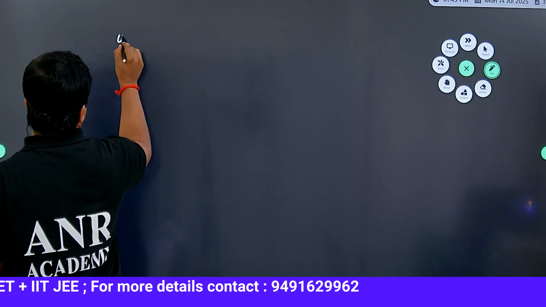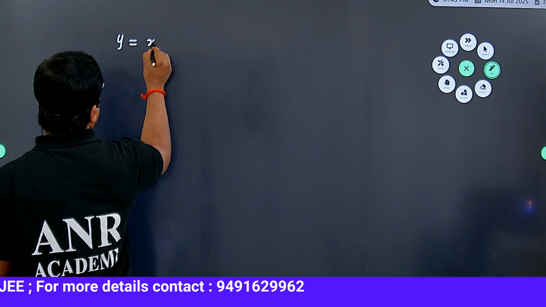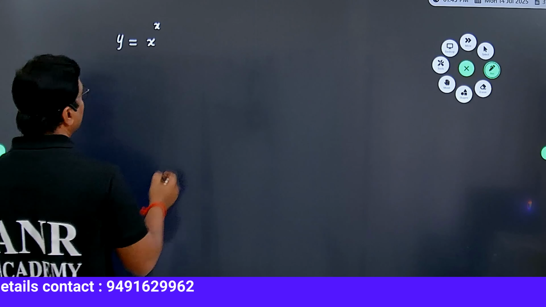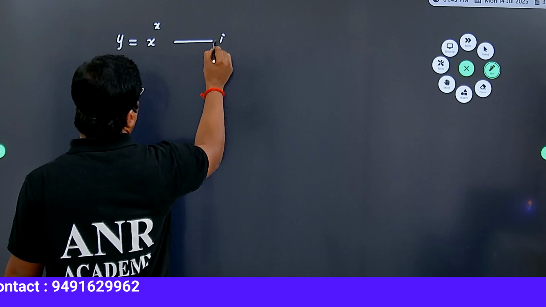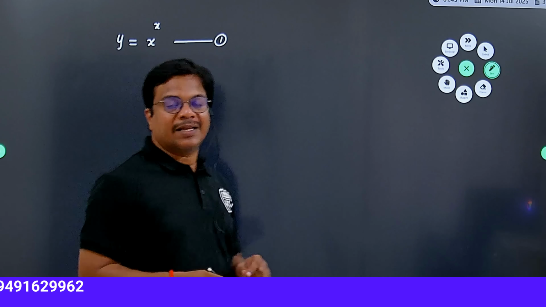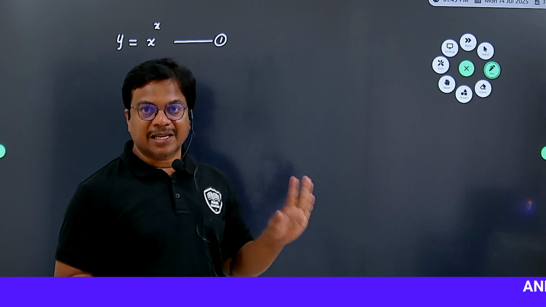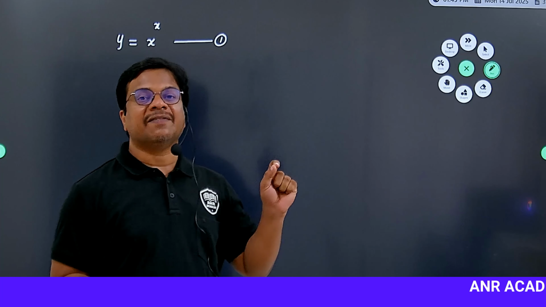You have the function y equal to x power x. First decide in which interval the function x power x is increasing and in which interval it is decreasing.